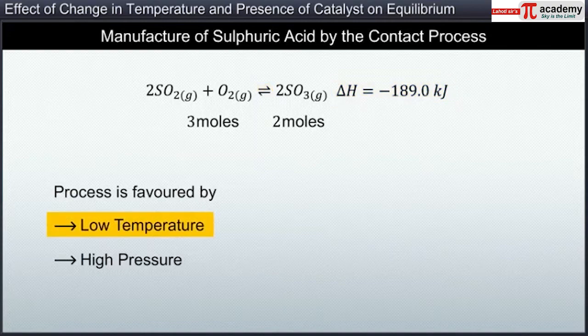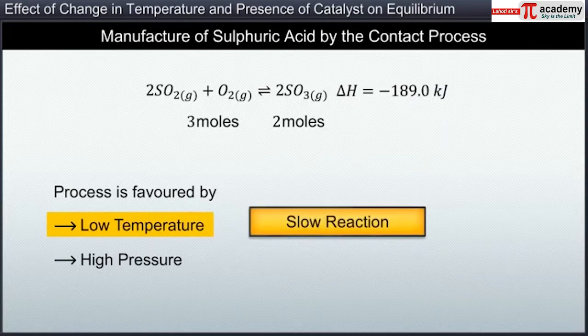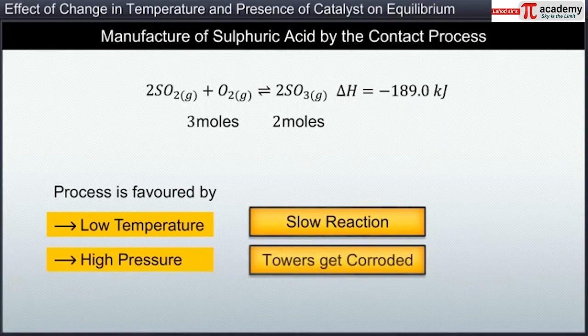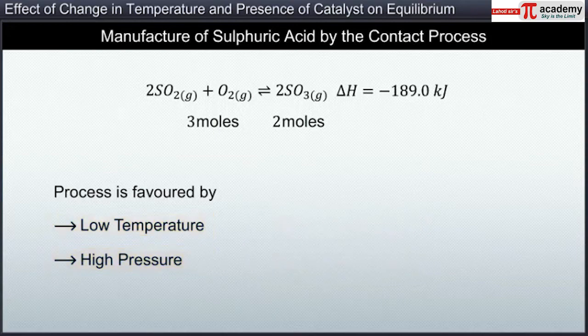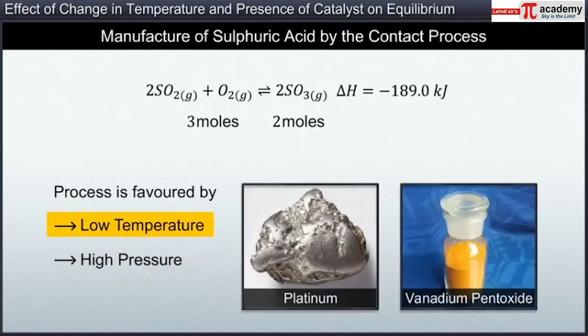However, at low temperature, the reaction is very slow, while at high pressure, the tanks used in the synthesis get corroded. Hence, to maintain optimum conditions and increase the rate of the reaction, a catalyst such as platinum or vanadium pentoxide is used.